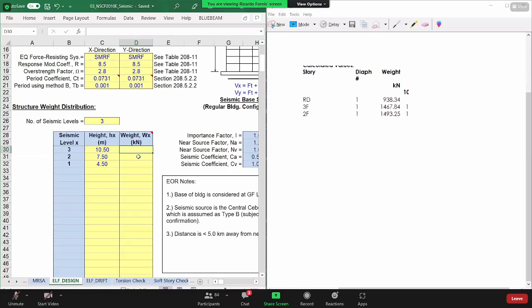So at level 3, that's the roof deck, the seismic mass or seismic weight is 938.34 kilonewton. For the third floor, which is level 2 sa akong structure, that's 1467.84. Ang second floor level is the same with my third floor level, so 1493.25.